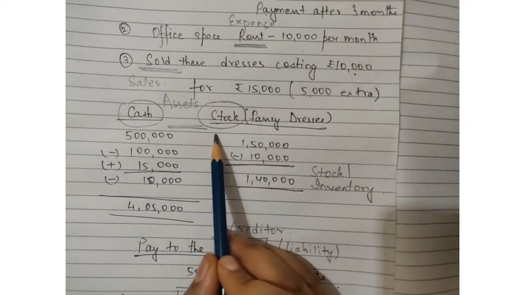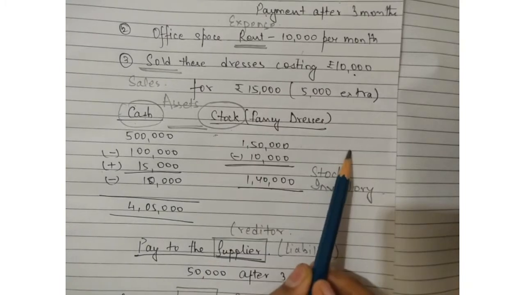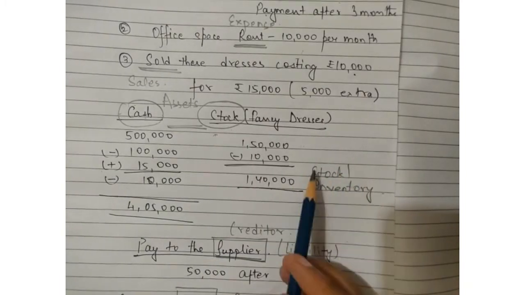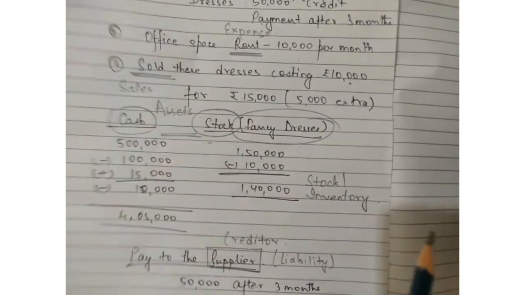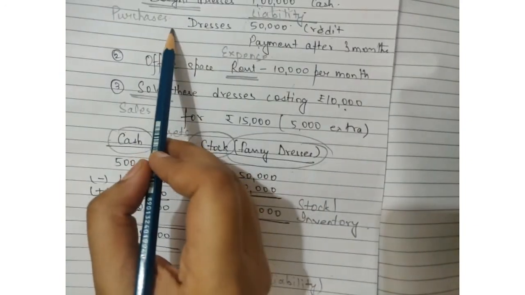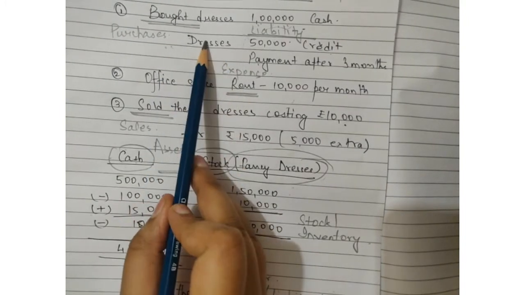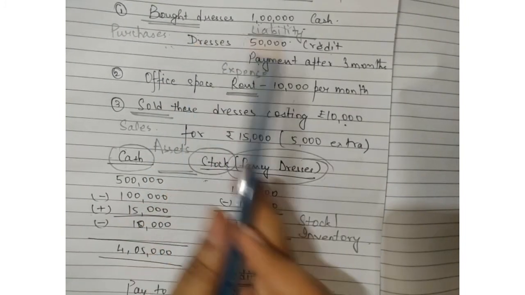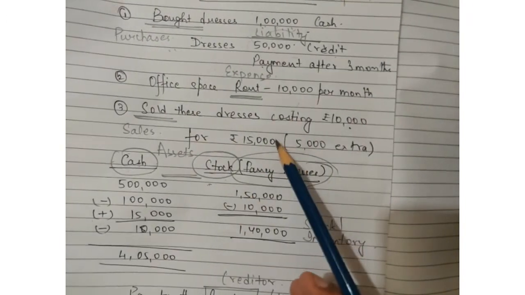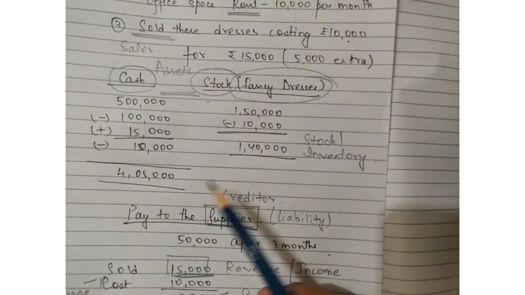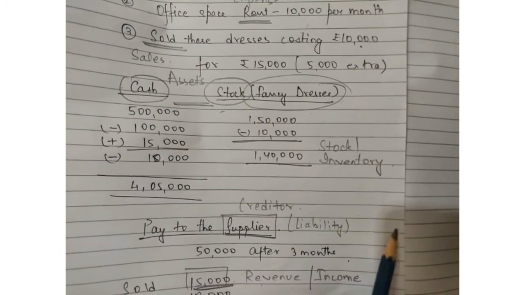Stock is anything that is held in the business for sale in the ordinary course of business, that is, in this case, the fancy dresses. Next, purchases is where we buy a commodity or a goods or a service in exchange for a consideration. Sales is when we sell the goods to a third party for obtaining cash or other assets.